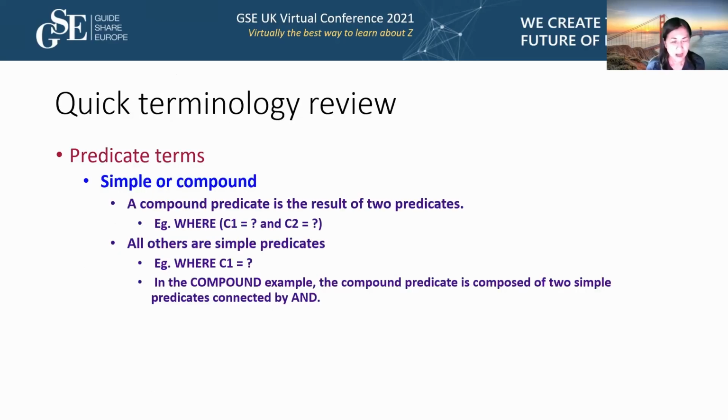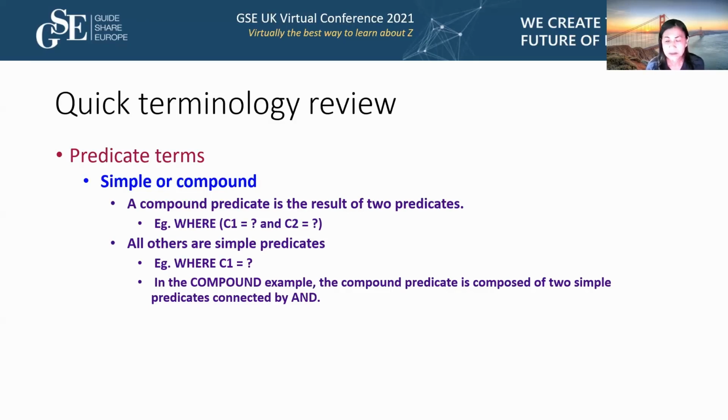Before we start discussing predicate transformation, there is some terminology that I would like to go over. This terminology is used throughout the presentation. The first terminology is predicate types.